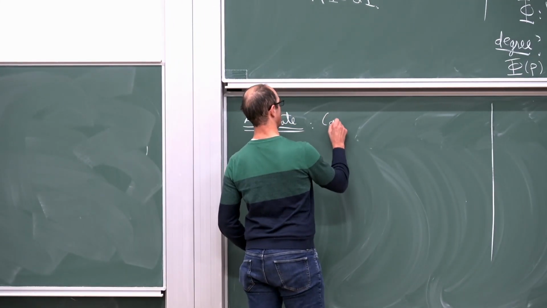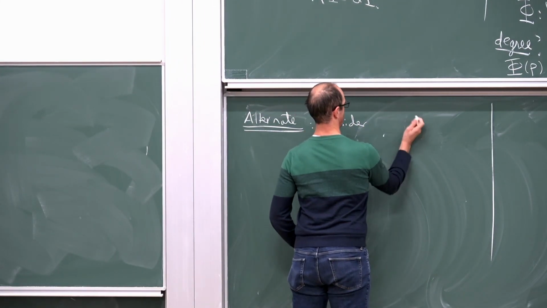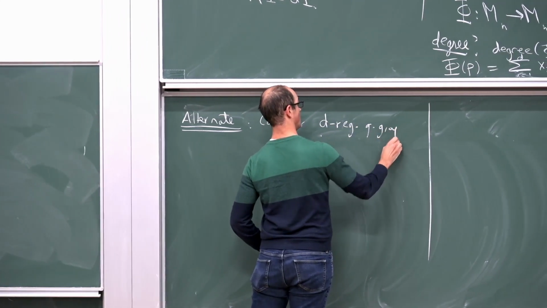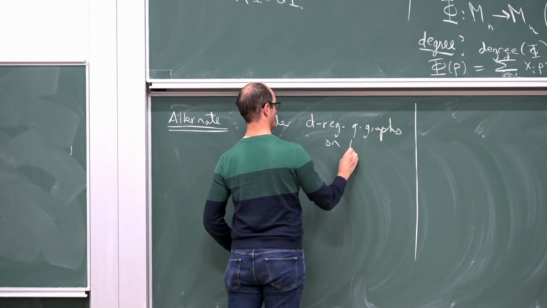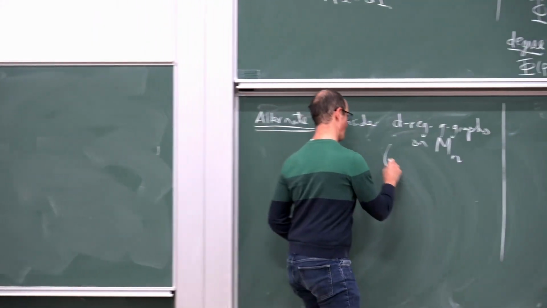So consider quantum d-regular graphs on, let's say, Mn, or if you like more general, multi-matrix algebras.